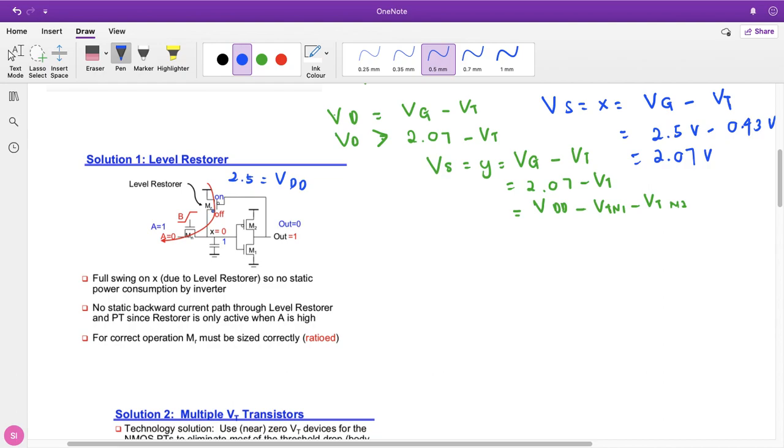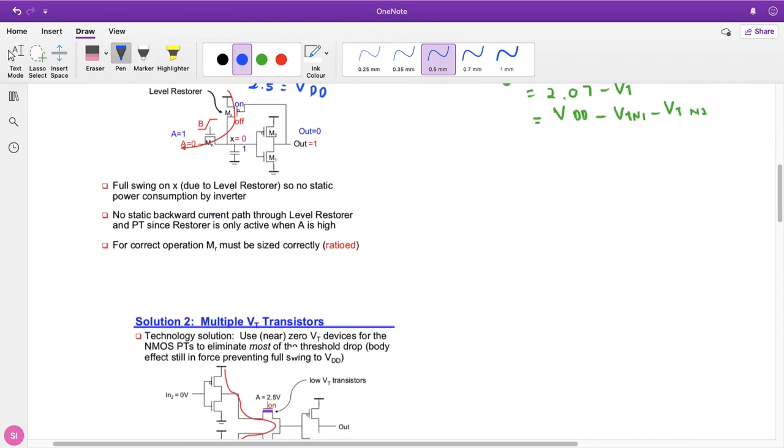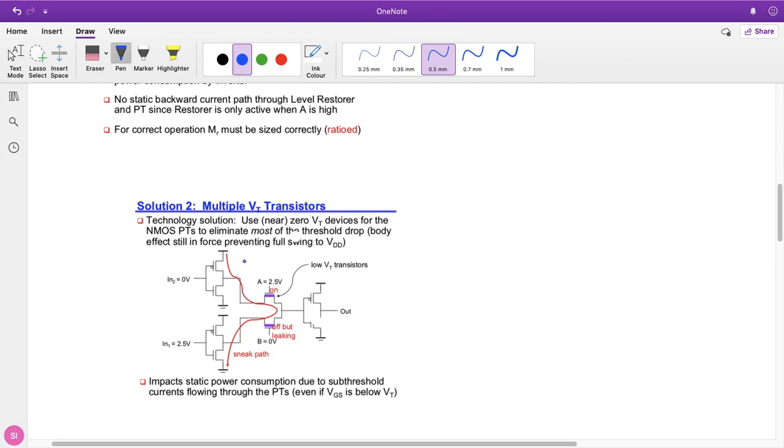and it restores the data and sustains the output data nearly at VDD. Another choice is solution number 2, multiple VT transistors. We can use a single transistor in order to provide low VT transistors.